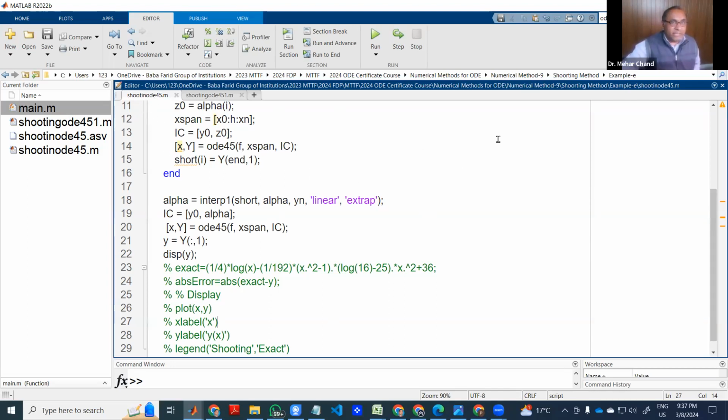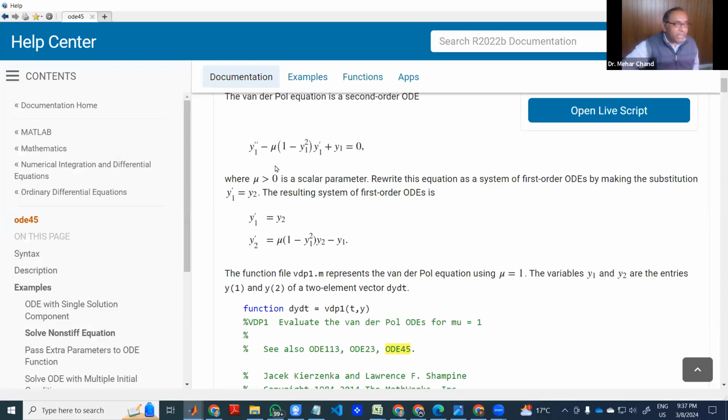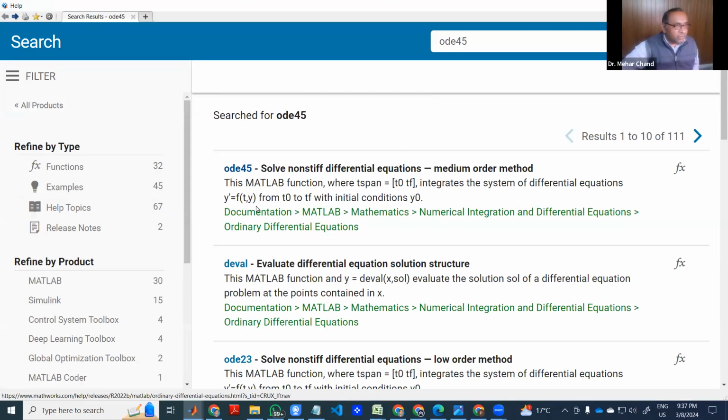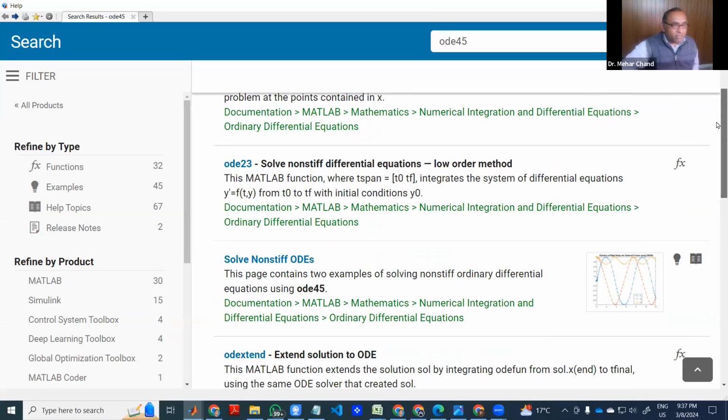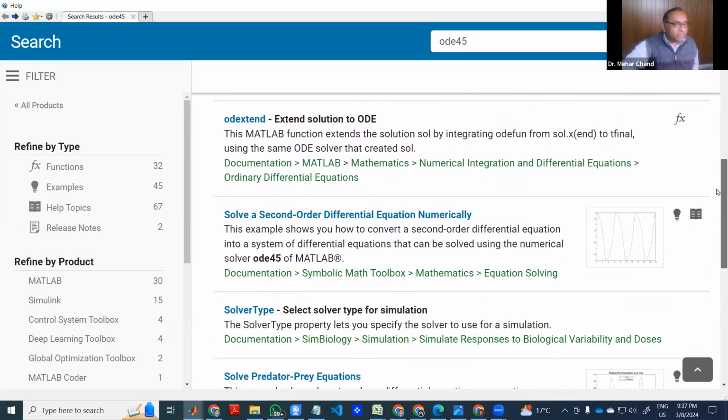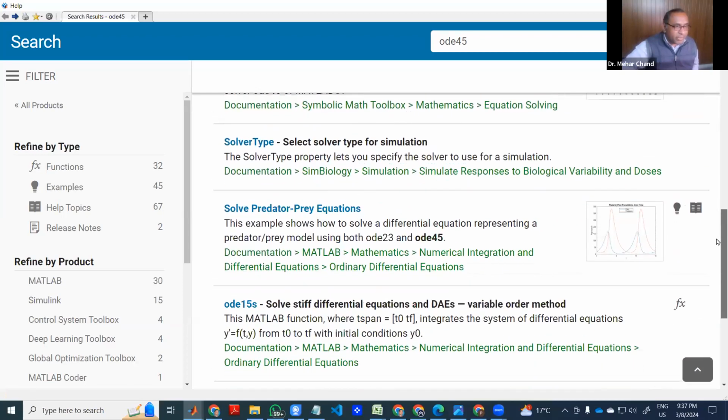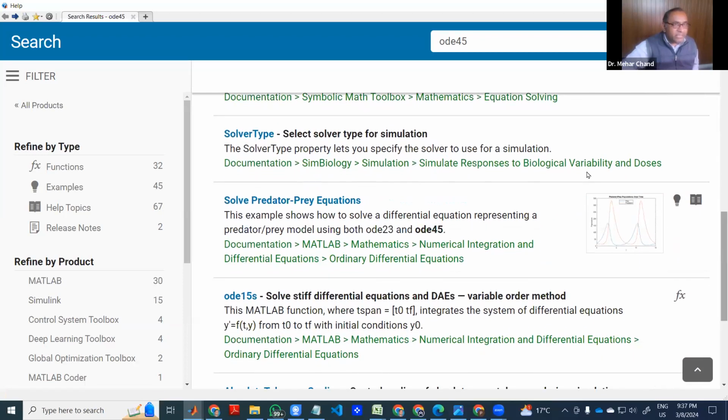And there are some other methods which are inbuilt in MATLAB. Okay, once again you can see here there are many inbuilt functions. Just like you can see ODE45, then we have ODE23. Okay, this is also an inbuilt function which we can use. But there are some specific reasons to use each of these. ODE15 is also there.